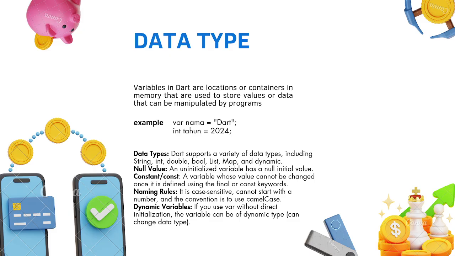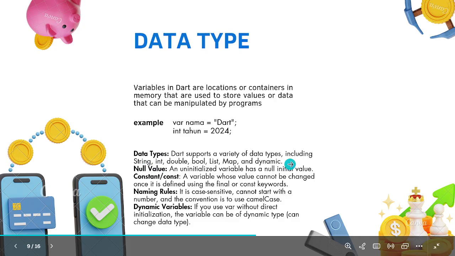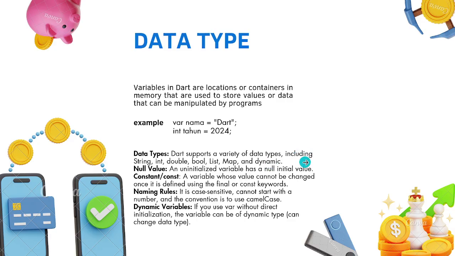The example is name Dart, year 2025. Data types include string, integer, double, float, list, map, and dynamic.